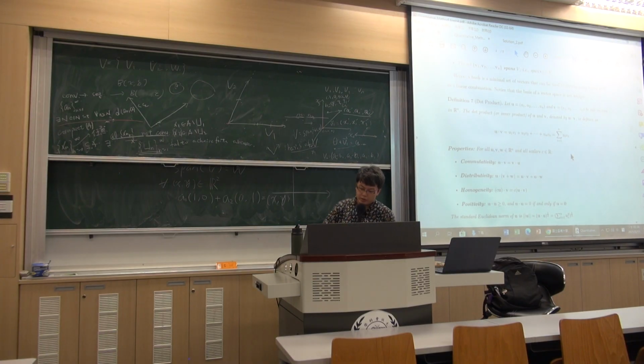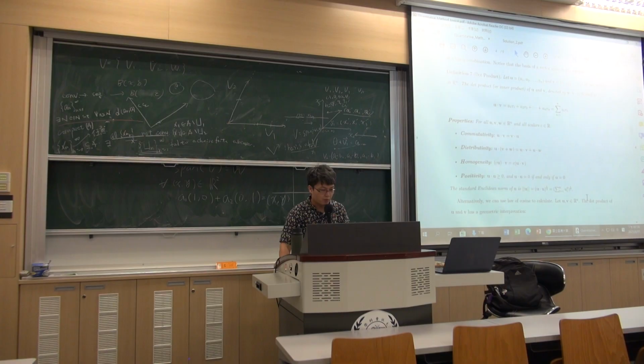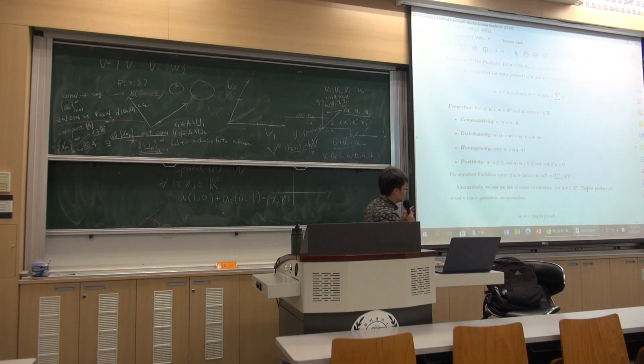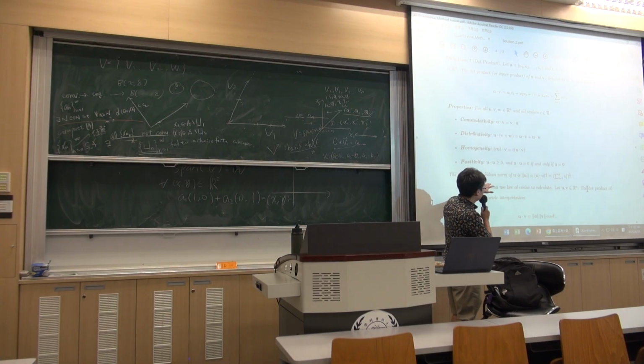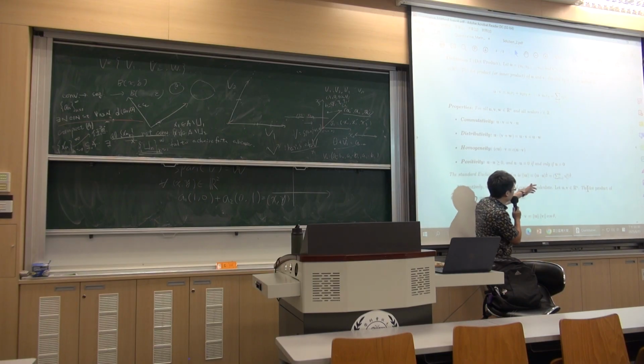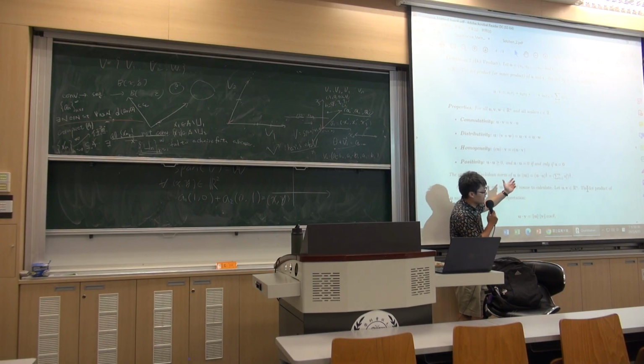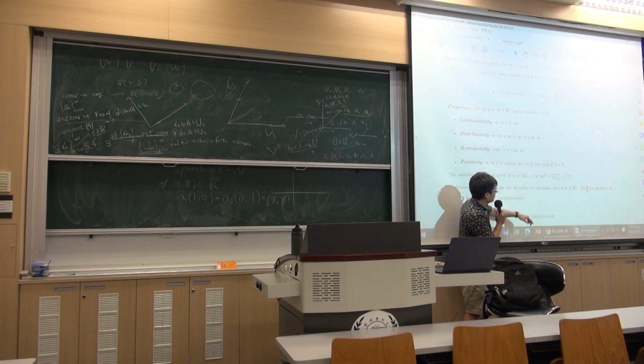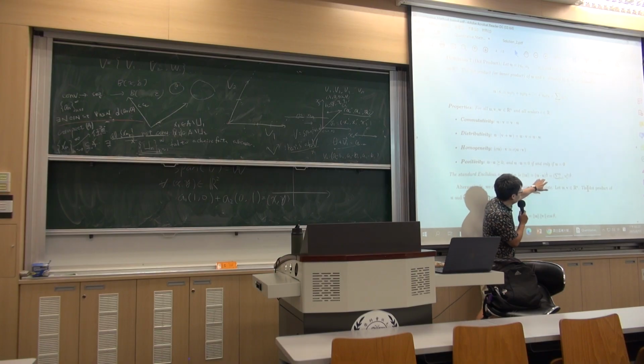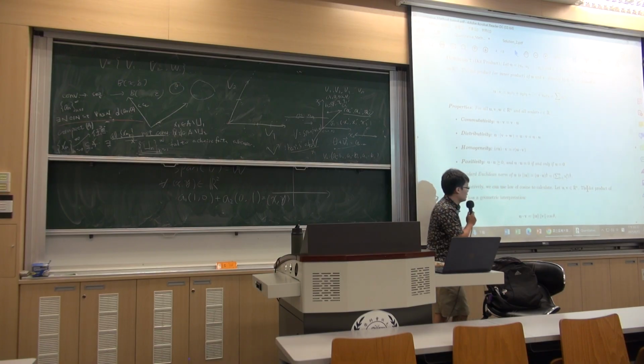Remember that when we talked about distance functions, we talked about the Euclidean distance, which is the Euclidean norm here. You can also use the dot product to calculate it. In that sense, you are measuring the length of your vector u: you multiply it by itself and then take the square root.